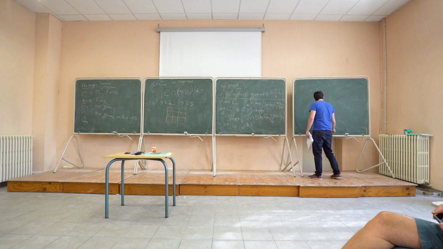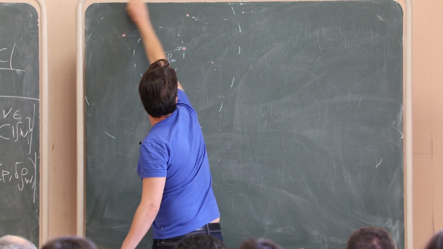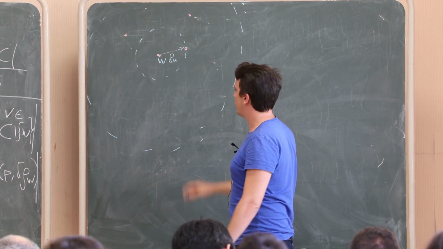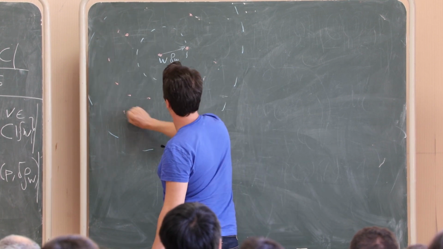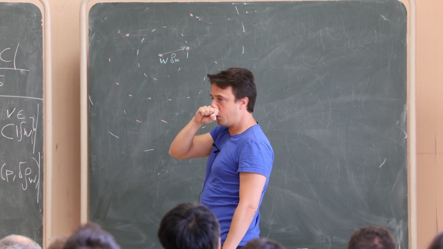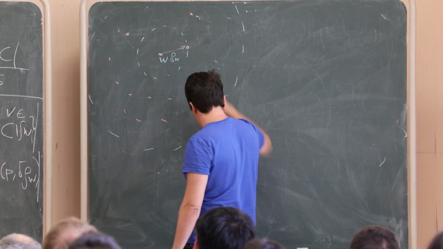My radius of isolation in this example is, if this is my point W, this is rho W. I'm looking at a much bigger circle, delta to the minus 1 rho W, and I need to see many points of my set inside, at least S points, but as long as they're not all located in the same small ball.